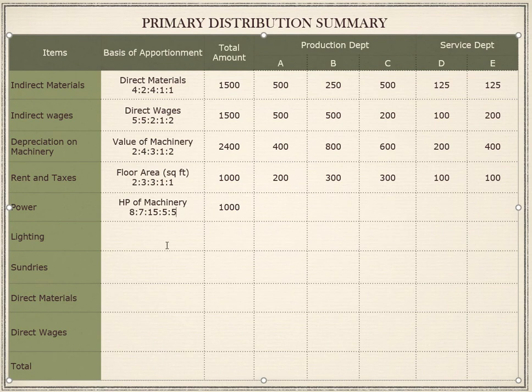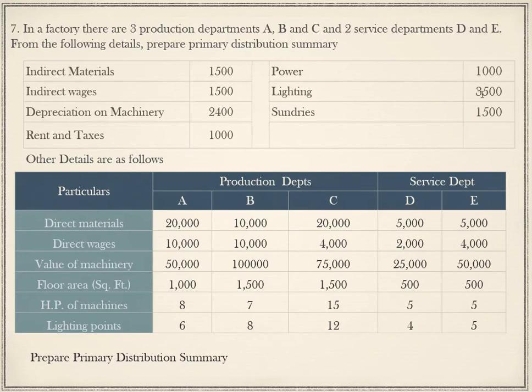So 25 into 8 is 200, into 7 is 175, into 15 is 375, 25 into 5 is 125, into 5 is 125. Next one is lighting. What is the amount of lighting? The amount of lighting is 3500.